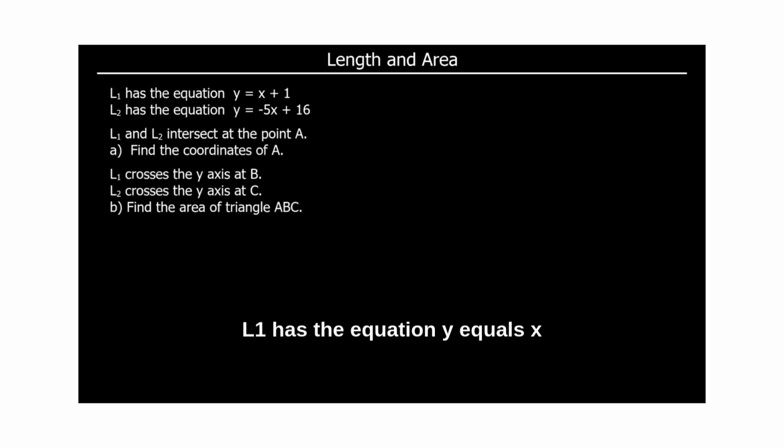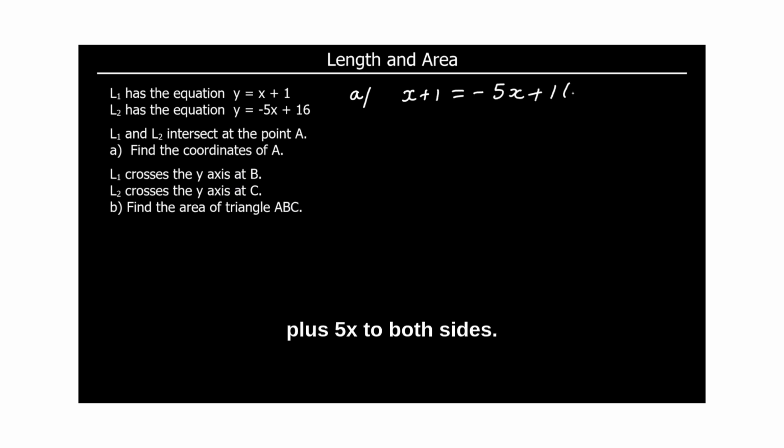L1 has the equation y equals x plus 1. L2 has the equation y equals negative 5x plus 16. They intersect at point A. Part A, find the coordinates of A. So they intersect where they are equal to each other. The answer to the simultaneous equations, I can just write them equal to each other. They're both y equals at the moment. So x plus 1 must equal negative 5x plus 16.